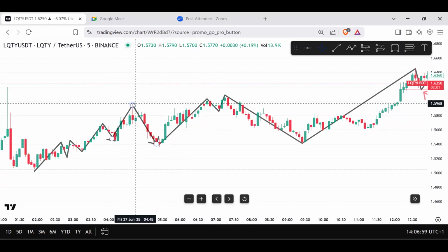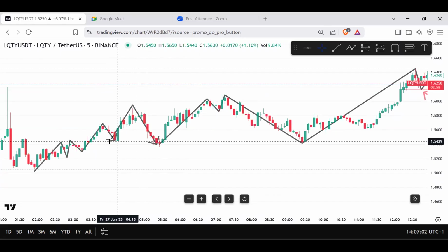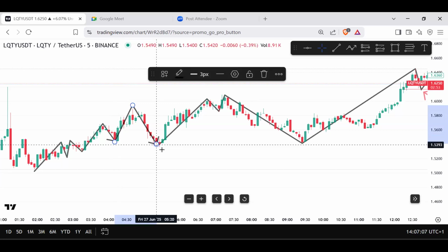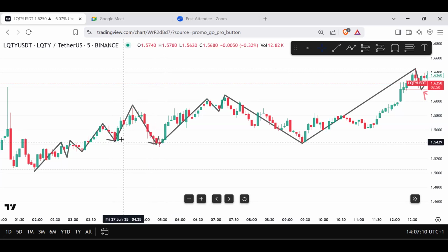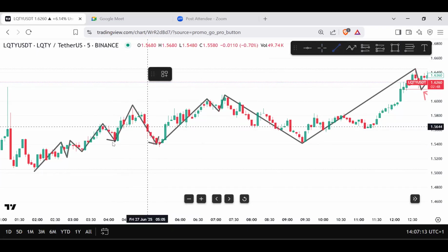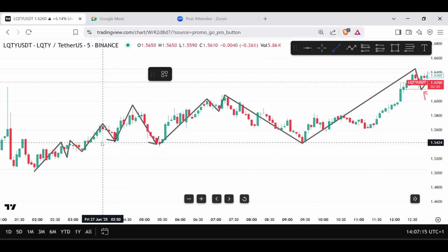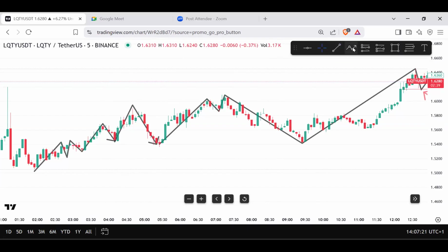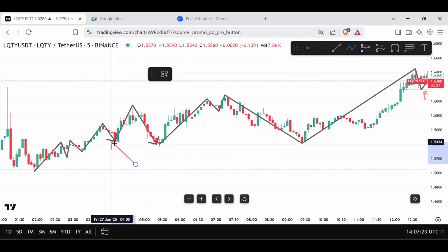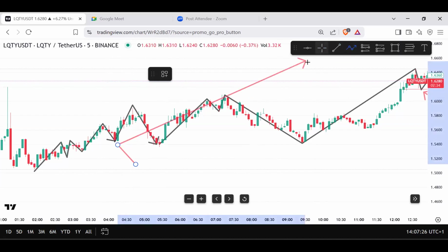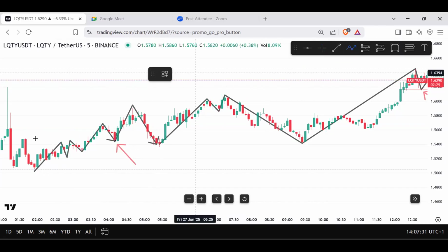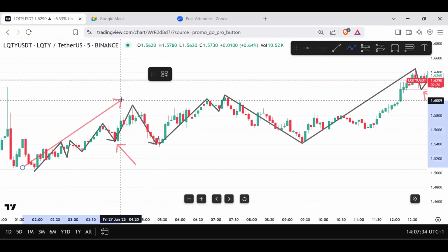Whenever we have a pullback that takes out the last valid pullback, that's an inducement. So this is the inducement. Then it means that the impulsive move started from here and ended here.